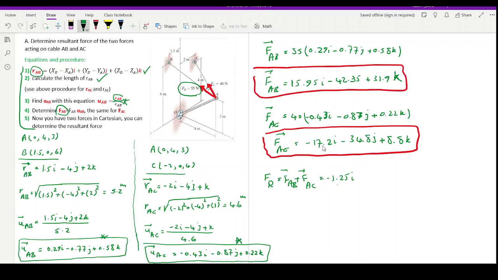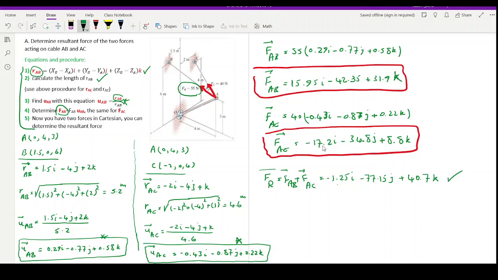Negative 42.35, negative 34.8, that's going to be negative 77.15 j. And plus 31.9 plus 8.8, that's going to be equal to plus 40.7 k.